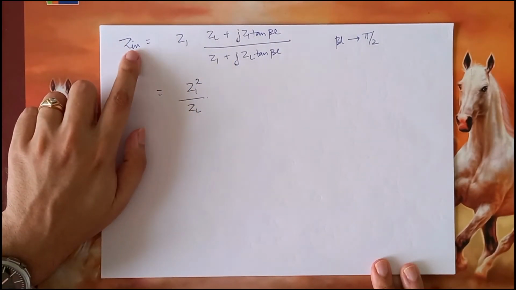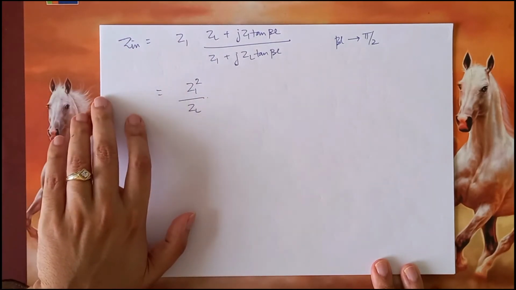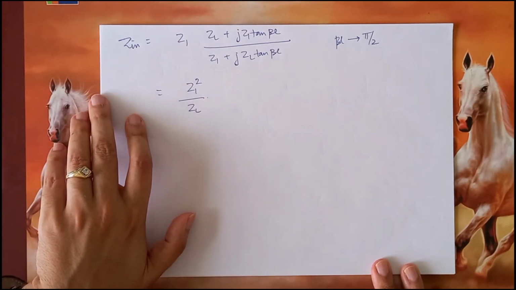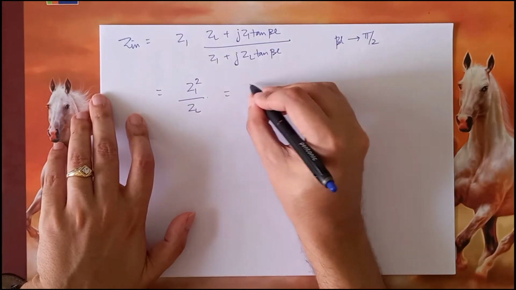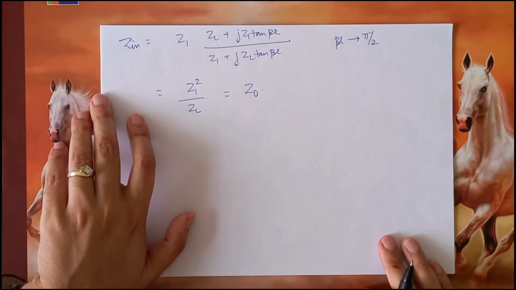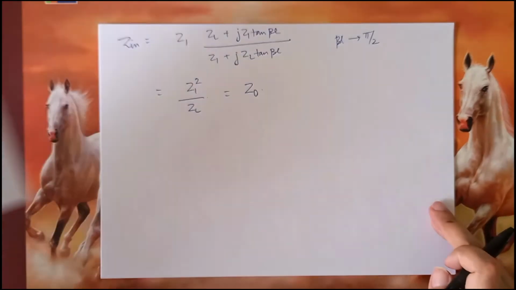Now Zin is the impedance which must be seen by the Z0 transmission line, and therefore this must be equal to Z0, as we have already established over here.